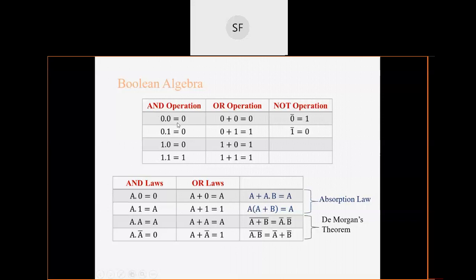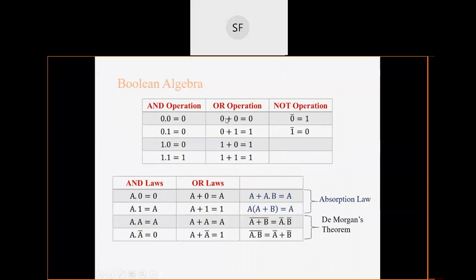So 0 and 0 becomes 0, 0 and 1 becomes 0, 1 and 0 becomes 0, and 1 and 1 becomes 1. Just don't get confused. This looks like multiplication in general algebra, but in Boolean algebra, the dot stands for the AND operation. Remember that. Similarly, in general algebra the plus sign is nothing but addition, whereas in Boolean algebra this plus sign is nothing but the OR operator.